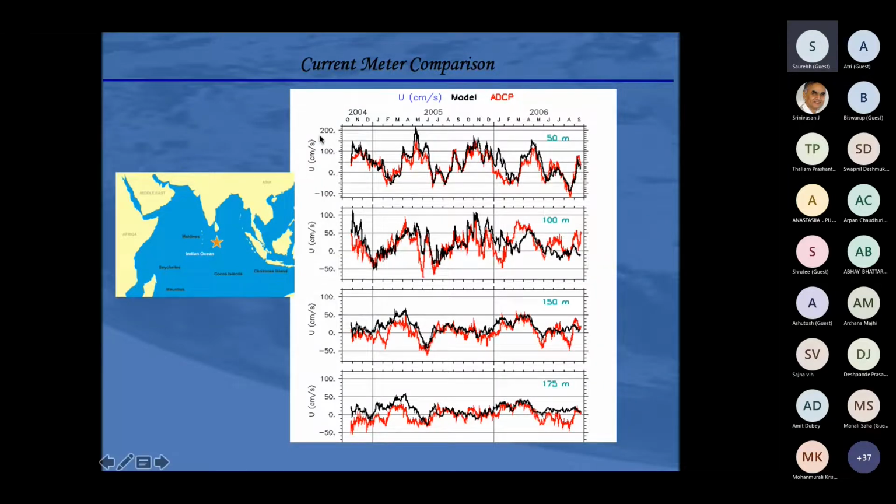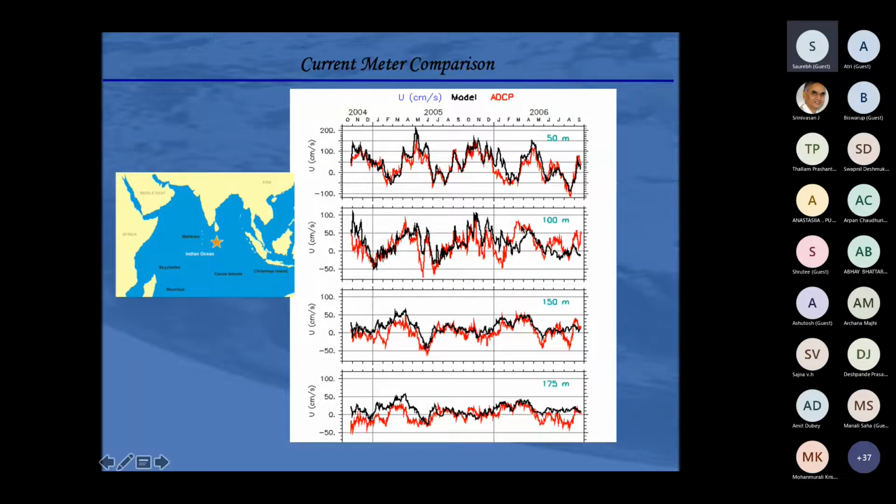This is the U component, the zonal currents, which are the strongest in the equatorial Indian Ocean. The black curve is from the model, and the red is from the observations. This is given for 4 depths: 50 meters, 100 meters, 150 meters, and 170 meters. Even the magnitude of the currents simulated by the model is very good for a visual comparison.